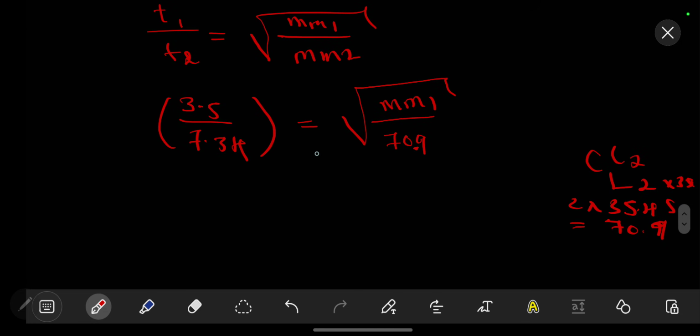Since this is a square root, we are going to square both sides so that the square root goes away.